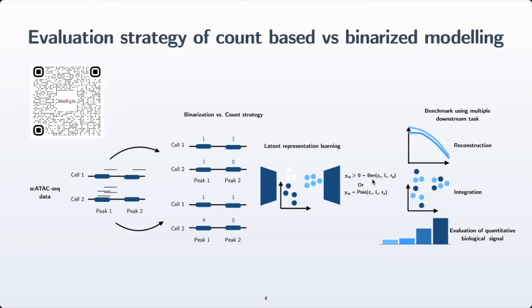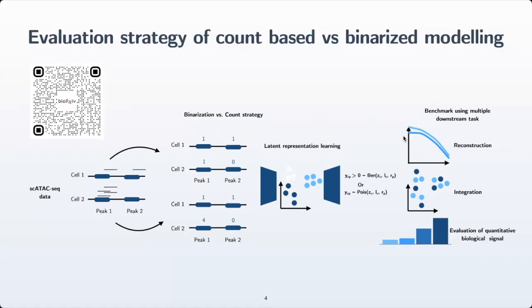It's not very important what these all were, but just for you as an intuition. And the second case was that we actually modeled the count data with a count distribution. In our case, we chose the Poisson distribution. And then we evaluated this using different downstream tests.